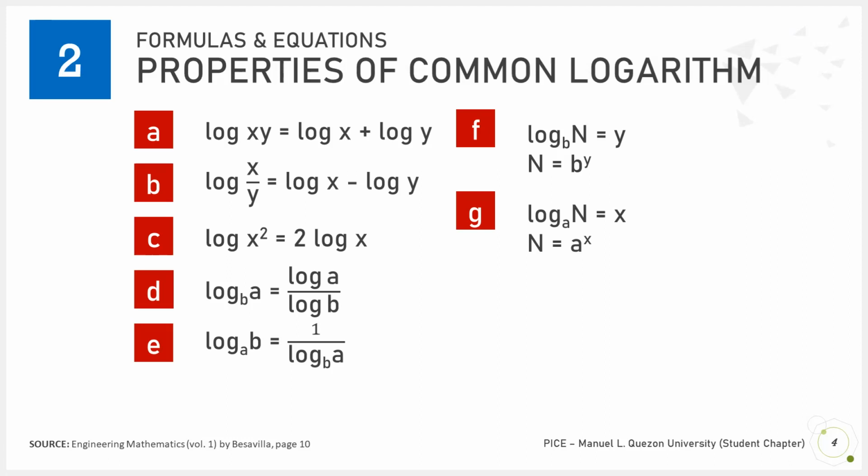So, dito sa left side ng equation natin, sa letter E, ang argument natin is b and ang base natin is a. We can transform this by replacing their positions. Pag-switch natin ng positions, yung a magiging argument and yung b magiging base, pero nasa denominator yung common logarithm of a to the base b.